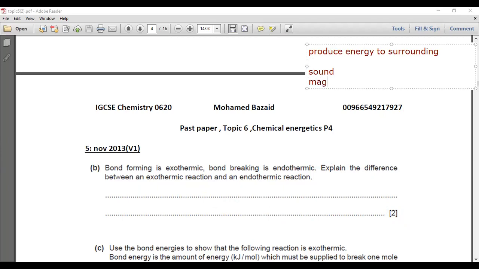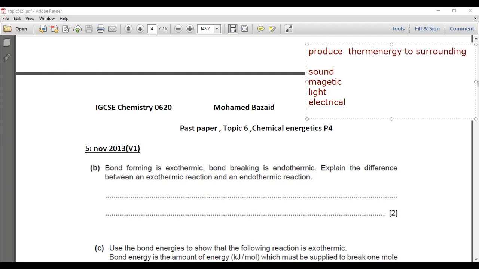Do you mean magnetic energy? Do you mean light energy? Do you mean electrical energy? So you have to be accurate. Don't say energy in general. To produce thermal energy.